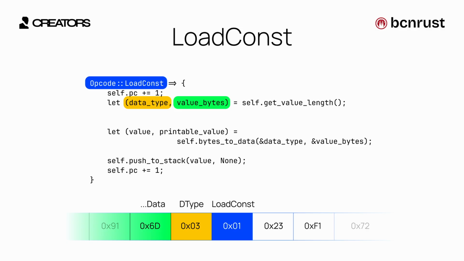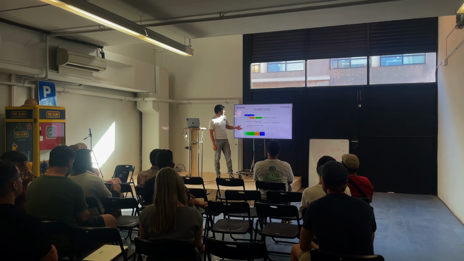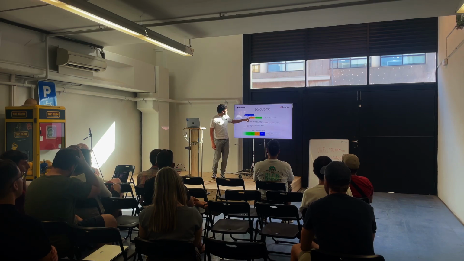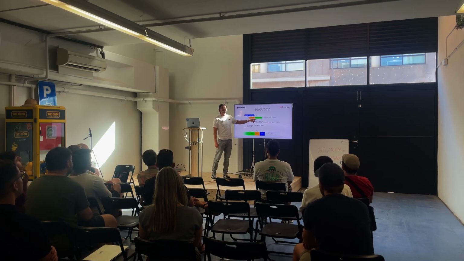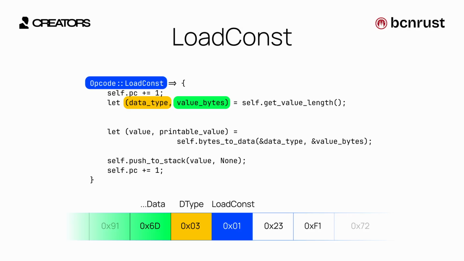For example, if we have i8, it will be 1 byte, which means one length only of data, because it only fills 1 byte. So based on this, you get a data type, you get the value bytes itself, and then you pass these 2 to a function that, given a data type and some bytes, gives you the actual value that you want to store, and then you push it to the stack.